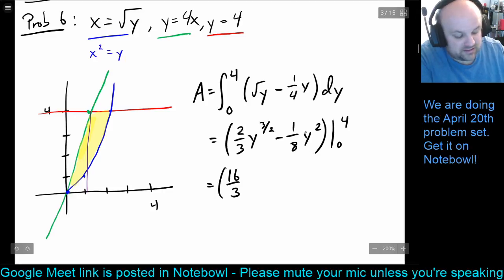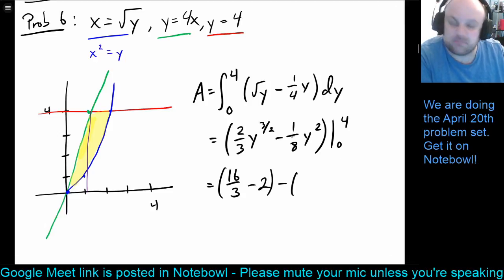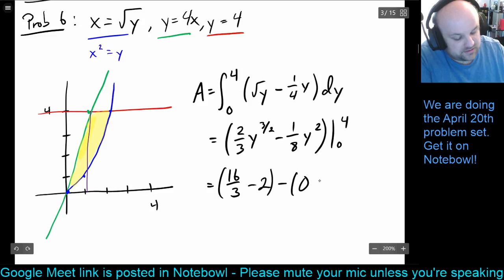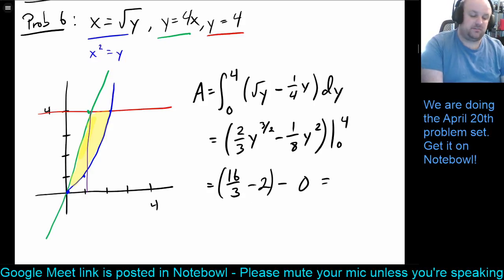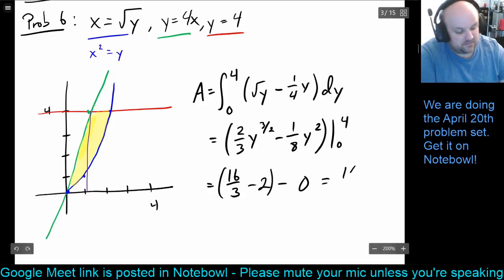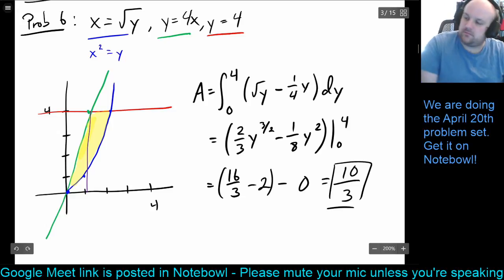Plug it in here. This is going to be 16/8, so minus 2. And then when we plug in 0, it's going to be 0 on both counts here. So we'll just say minus 0. So here, 16/3 minus 2 is 10/3. And that's that.